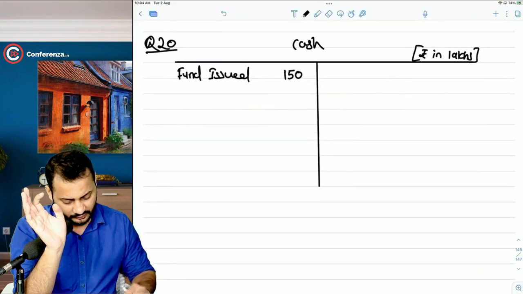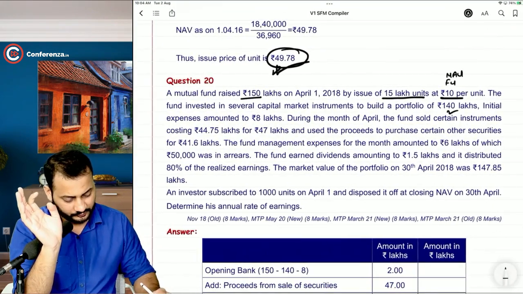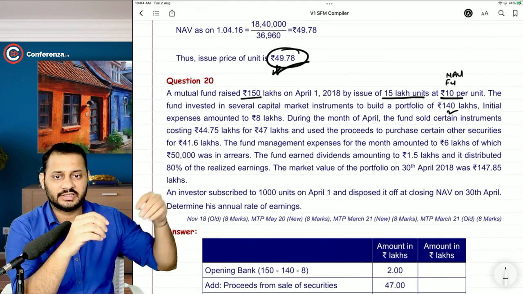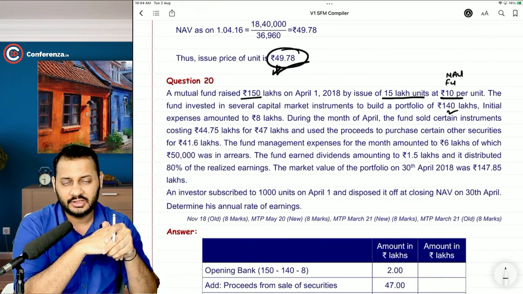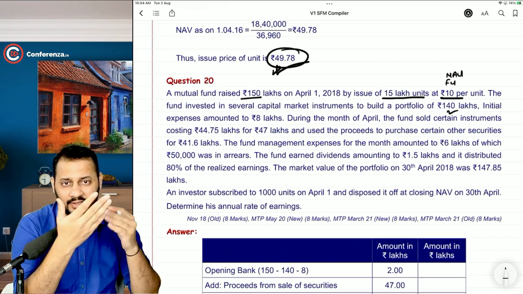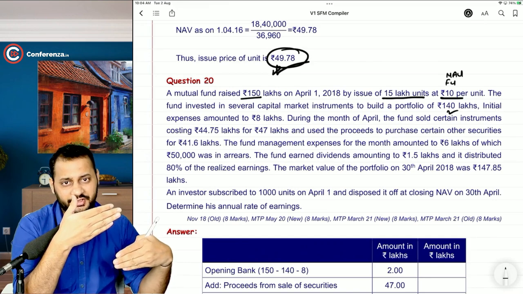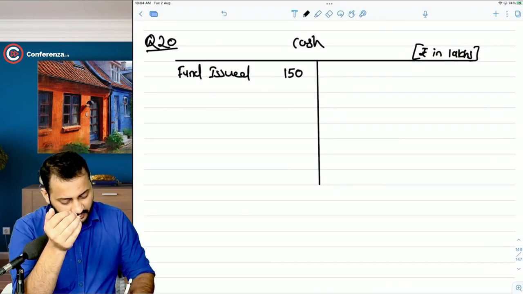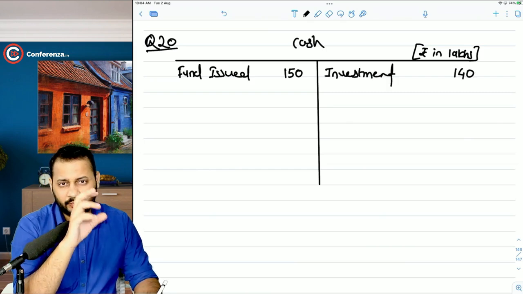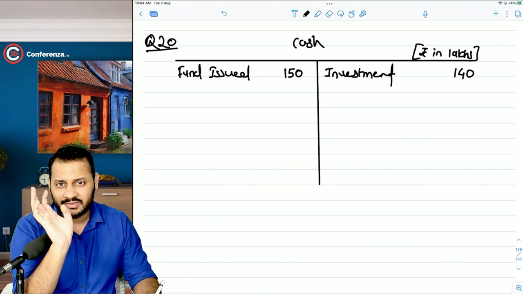Then what happened? Immediately we invested those funds in several capital market instruments to build a portfolio of 140 lakhs. The entry will be investment account debit to cash account. This is going into investment, 140 lakhs. So practically we have 10 lakh rupees of balance in cash.